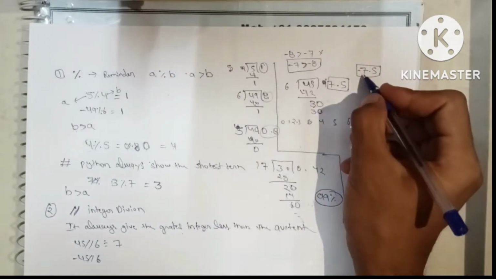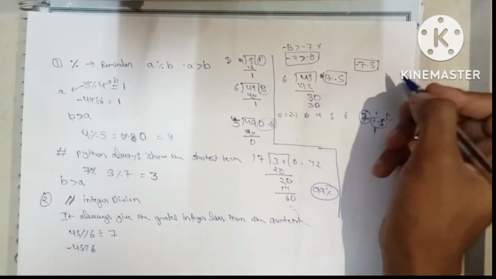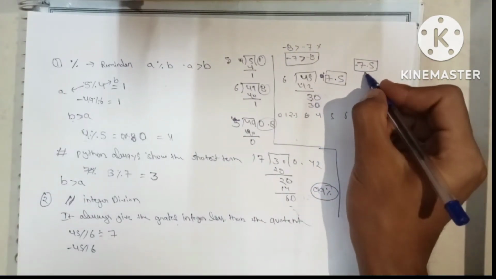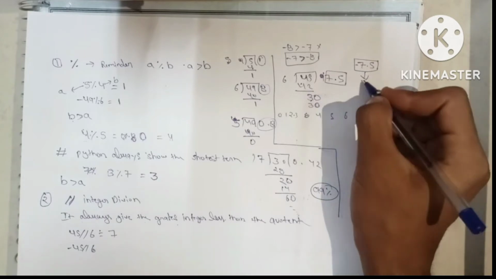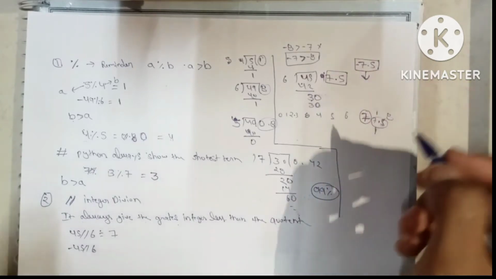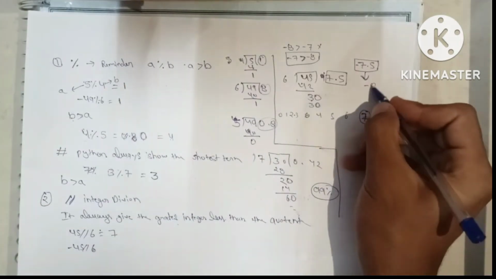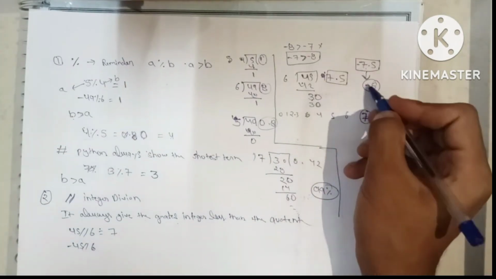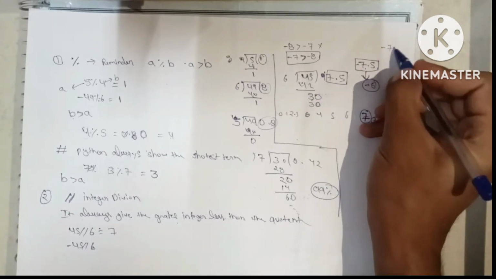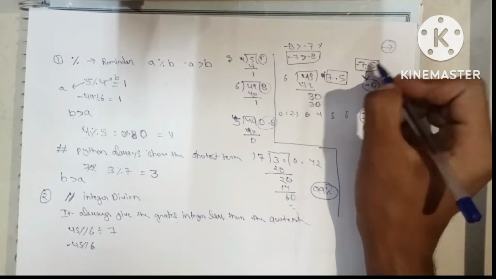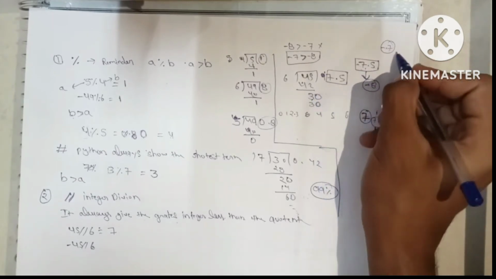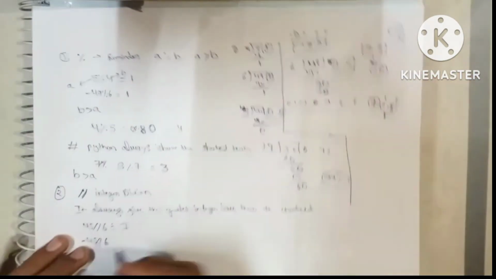So what is the greatest integer which is less than this? Our minus 8 will be the greatest integer which is less than this. If we take minus 7, then minus 7 is greater than minus 7.5, so it is not considered. Its answer is minus 8.